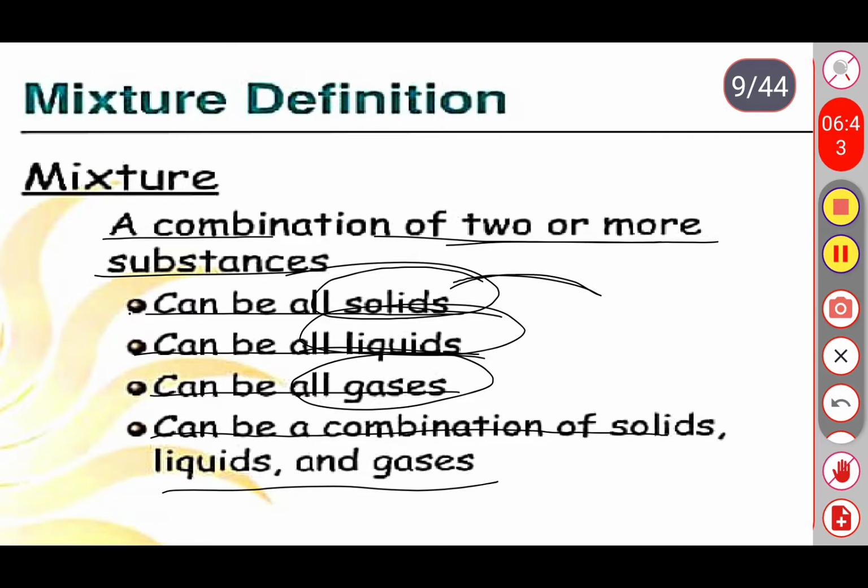If we add two liquids like water and oil, or two gases like oxygen and carbon dioxide, all these are different types of mixtures. And we have one more type of combination, which may be a combination of solids, liquids and gases also.